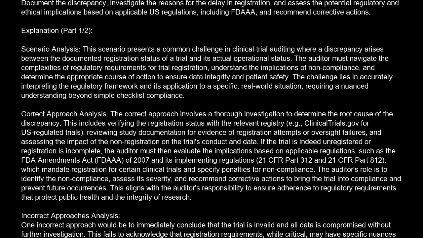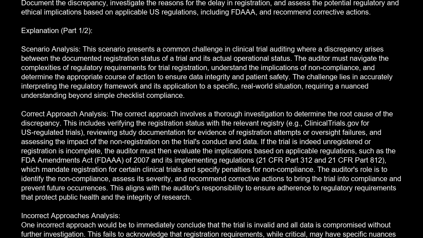Correct approach analysis. The correct approach involves a thorough investigation to determine the root cause of the discrepancy. This includes verifying the registration status with the relevant registry, e.g., clinicaltrials.gov for U.S. regulated trials, reviewing study documentation for evidence of registration attempts or oversight failures, and assessing the impact of the non-registration on the trial's conduct and data.